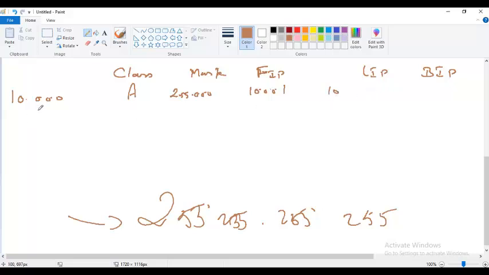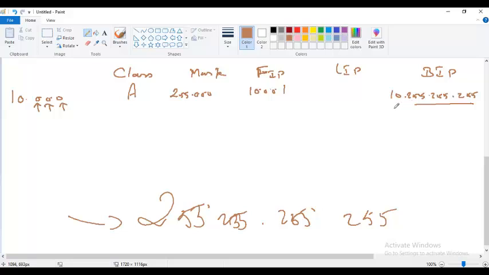Again, if these all are 1, it becomes 255. And if this all 1, it becomes 255. But this is not the last IP. This is the broadcast IP of this network. I repeat, when all the host bits are turned on, what you get is the broadcast IP of that network.